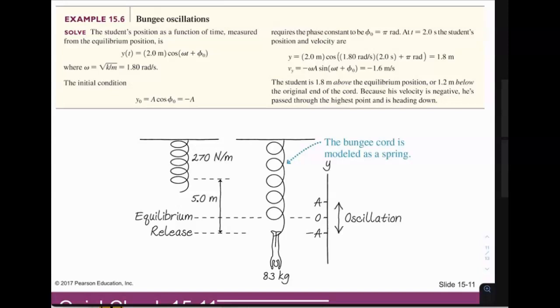The student is 1.8 meters above the equilibrium position, or 1.2 meters below the original end of the cord. Because his velocity is negative, he's passed through the highest point and is headed down.